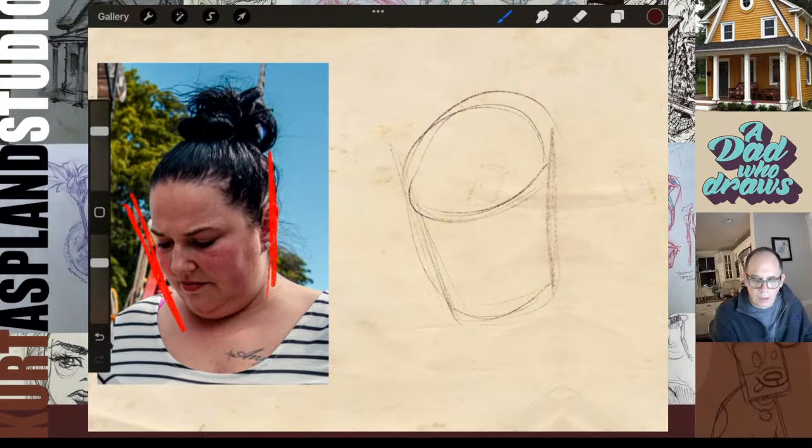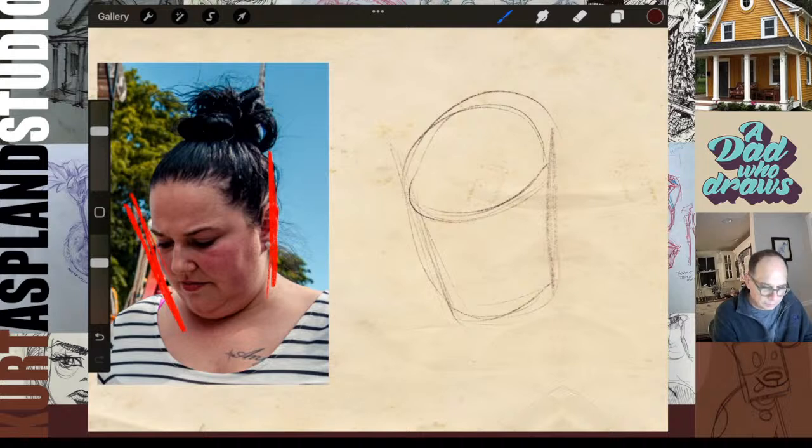Sometimes it can be hard to get that jaw to drop down in the right place of the sphere. So I will start off with my gesture. I try and look for straights and then angles. And usually when I'm drawing the face, there's always going to be a straight or an angle.